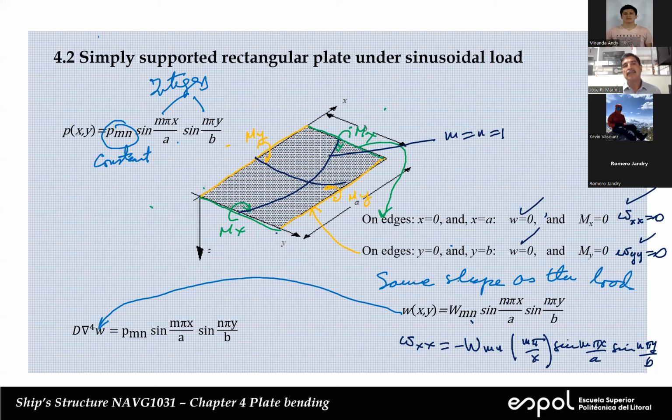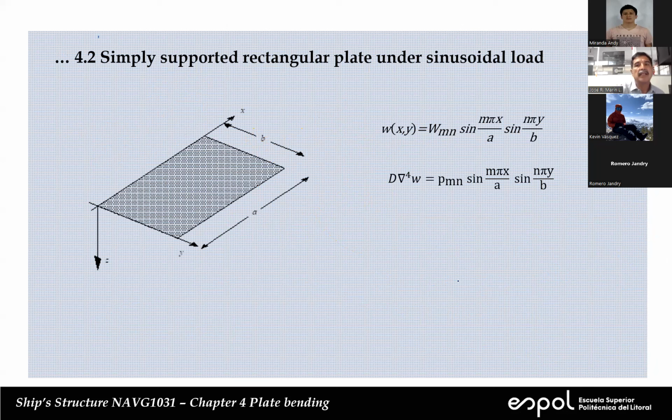And all we need to do now is to satisfy the equilibrium inside the plate, inside the domain. So that's what we're left with. We suspect that w is equal to that, and that function satisfies all the boundary conditions. So all we need to do is to replace this w into this differential equation. Now we remember that nabla 4 is equal to this.